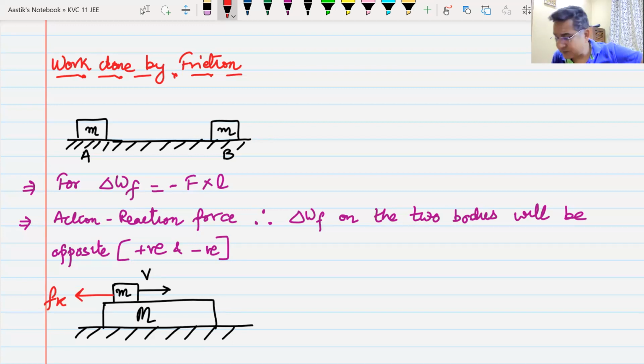What will be the direction of friction on the lower body? Right or left? Lower body, the body on which this body is kept. What will be the direction of friction on that body? Right.